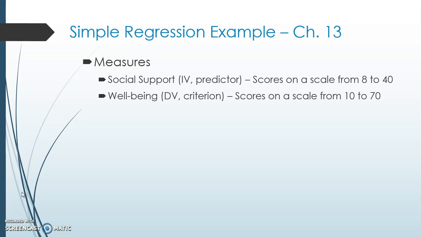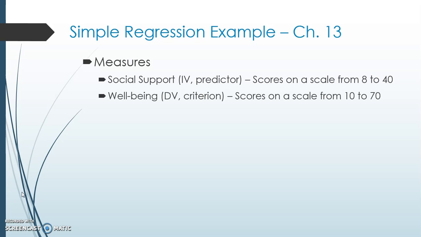In Chapter 13, Yaki discusses two measures that are going to be used in this simple regression. One is social support, which is going to serve as the independent variable, or since this is a regression, we can also refer to this variable as the predictor variable.